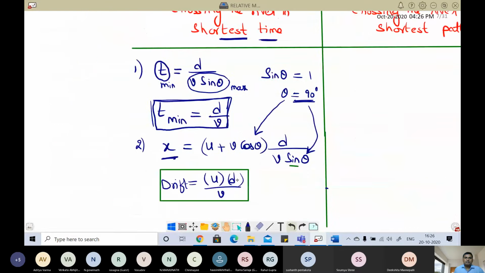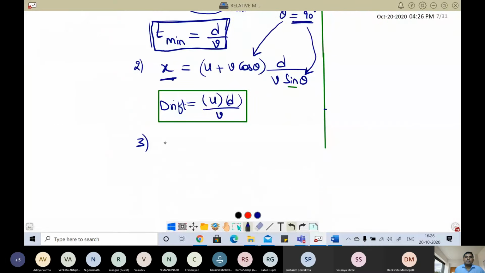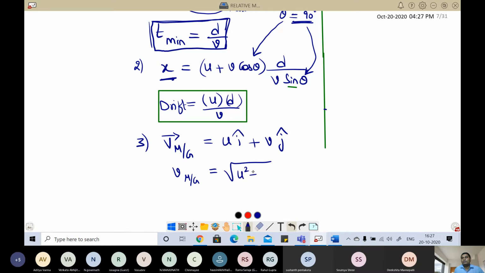So the third point is the velocity of man with respect to ground, and if you write just the magnitude, it is under root u square plus v square.